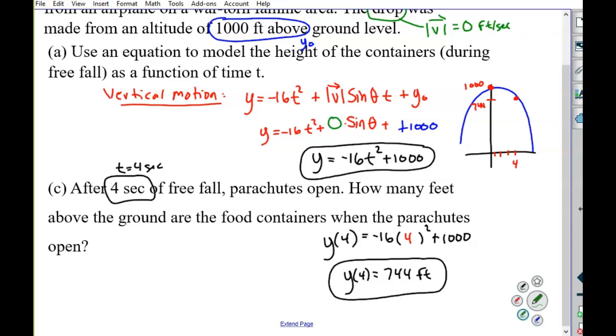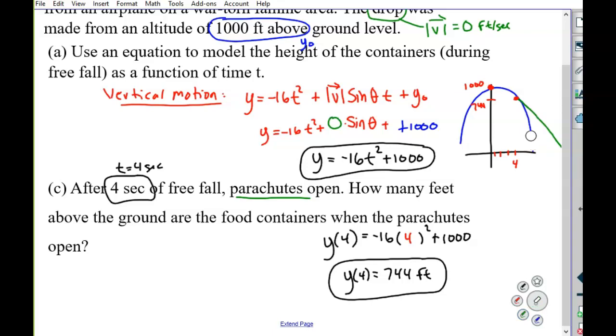Any time after that, my graph isn't accurate because a parachute opens, and that's going to slow this way down. It might even become a linear model, because it might fall at a constant rate.